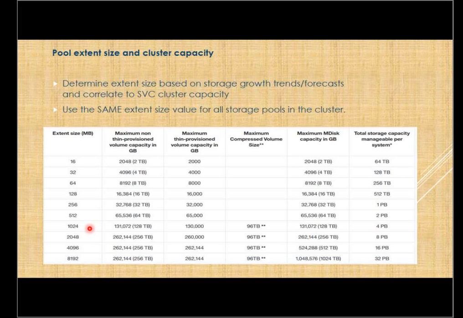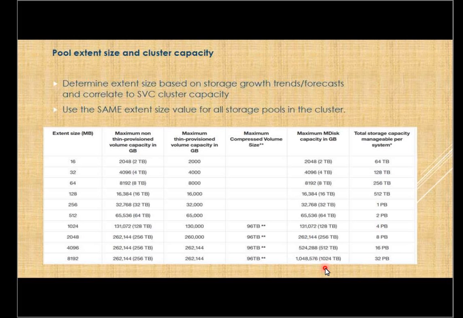But in case we want, we can change the size of these extents, right? But most of the time, you will find the extent size of 1 GB. Now, depending upon the size of the extent, the maximum thin provisioned volume capacity, maximum compressed volume size, maximum MDisk capacity, and the total storage capacity vary.